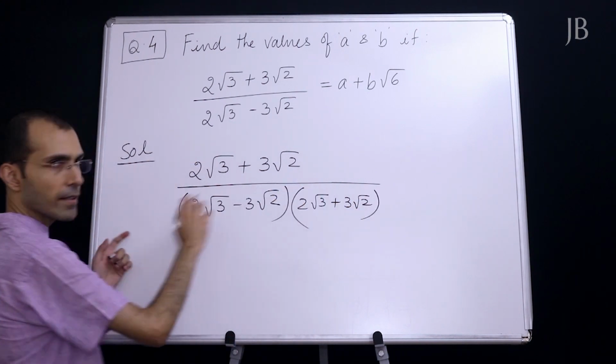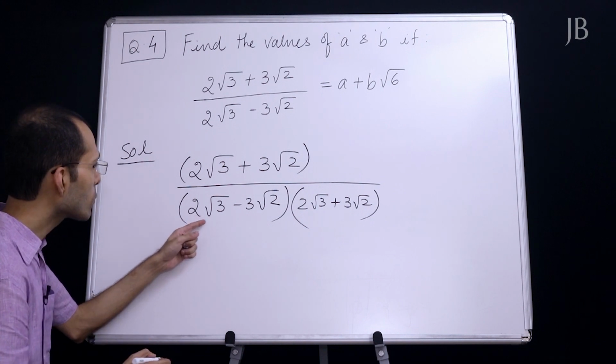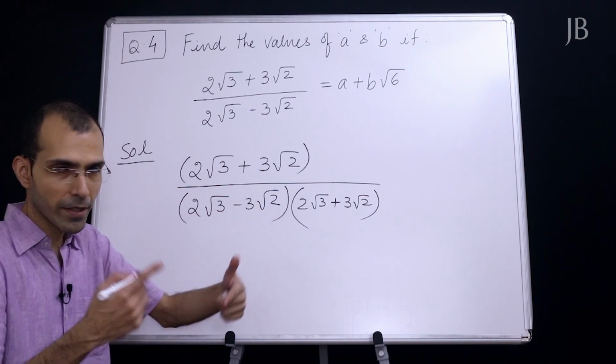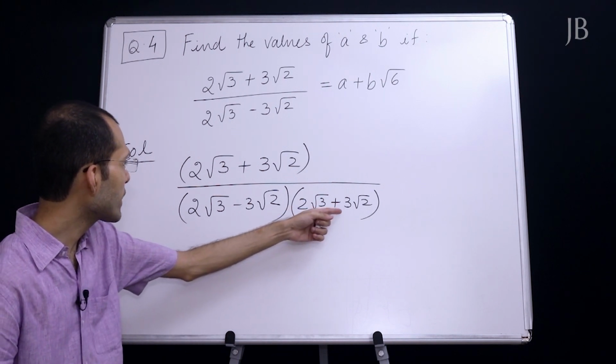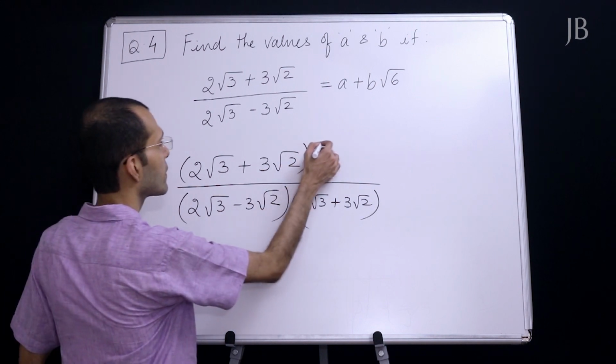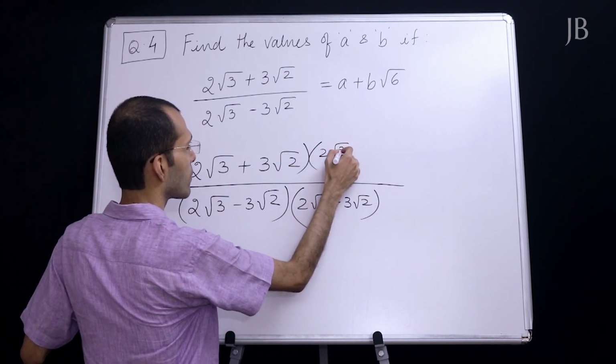We are rationalizing the denominator in this case. So this was 2 root 3 minus 3 root 2. So the rationalizing factor RF would be 2 root 3 plus 3 root 2. But to counterbalance the change, the same term has to be repeated at the top.